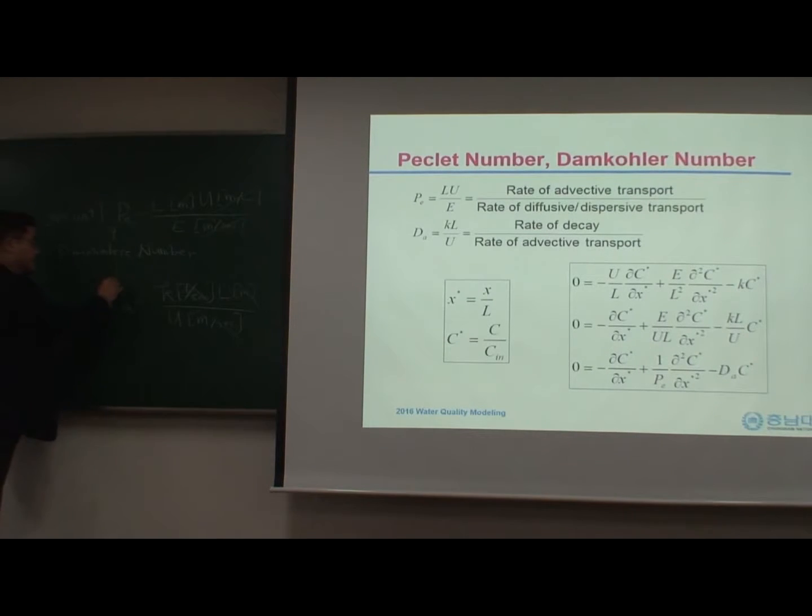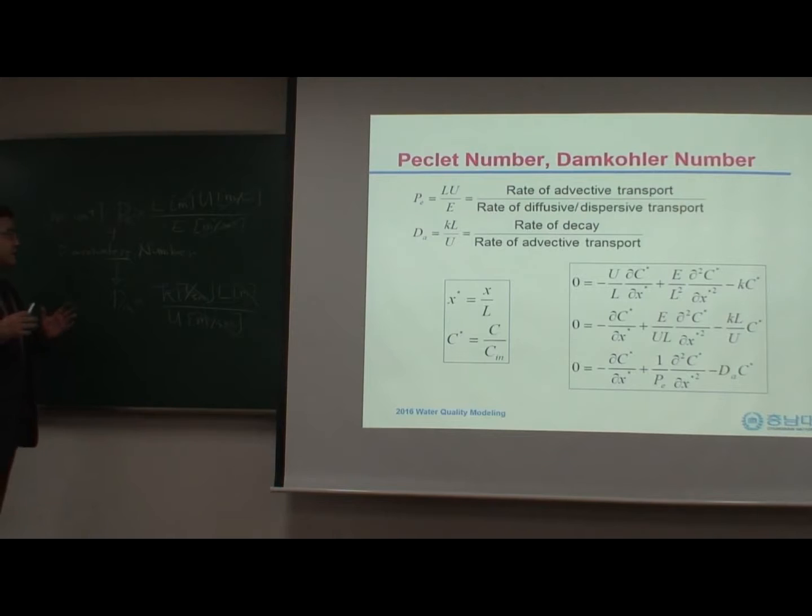So this one is also a dimensionless number, without dimension. So if we use this kind of thing, we are safe. No matter what kind of dimension you use, this is very good.